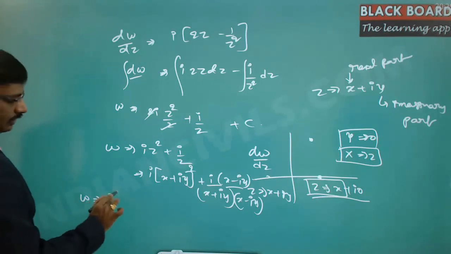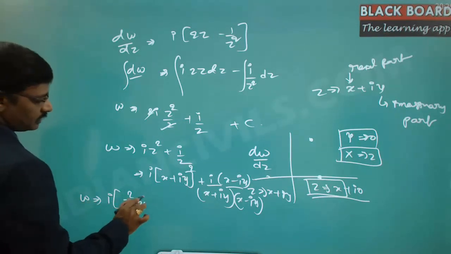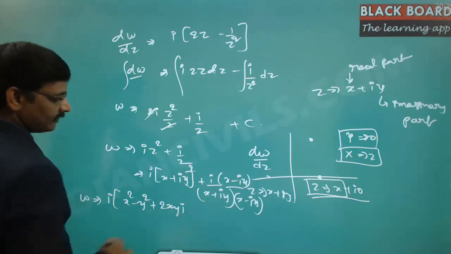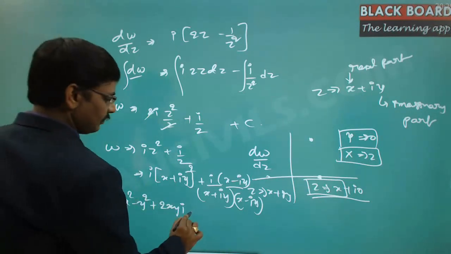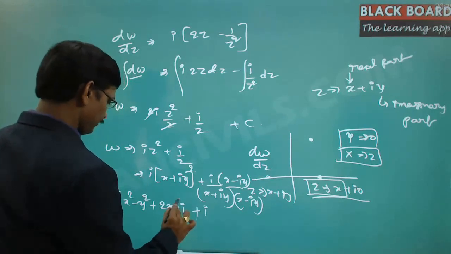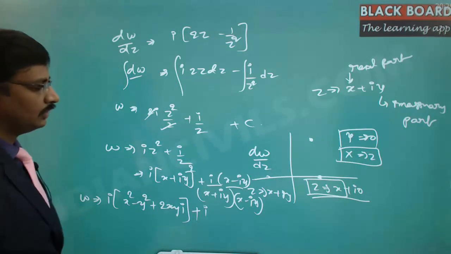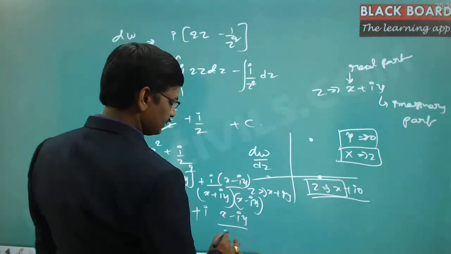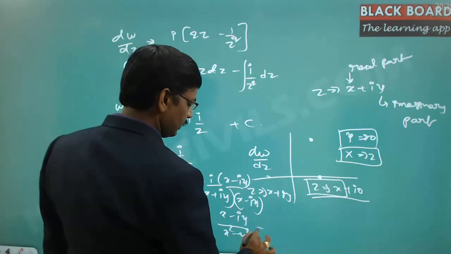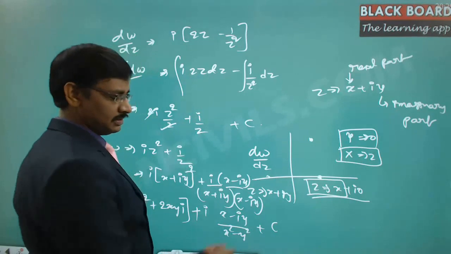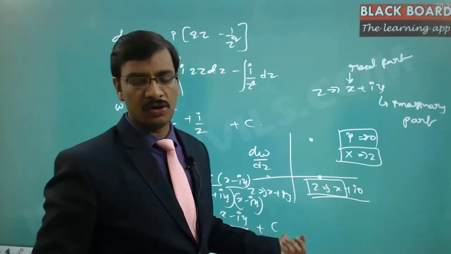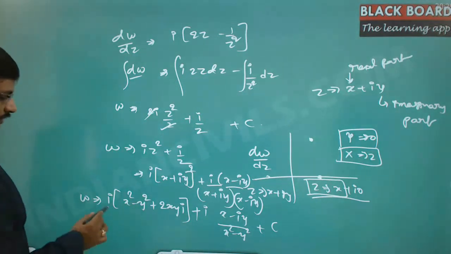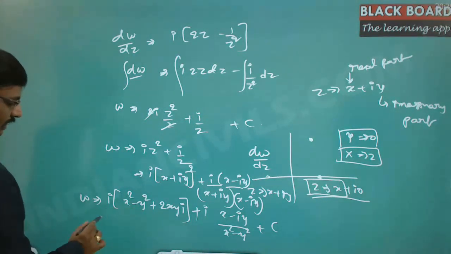W is equal to i into (x square minus y square plus 2xy into i), that is the expansion of this, plus i times (x minus iy) divided by (x square plus y square), plus some arbitrary constant c. So this arbitrary constant may be a complex constant, right? Once you got this value, you multiply it into the inner value.